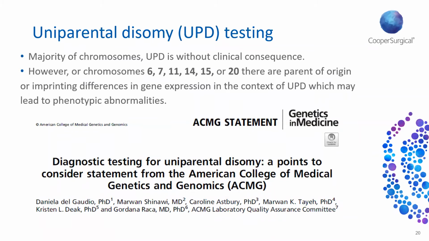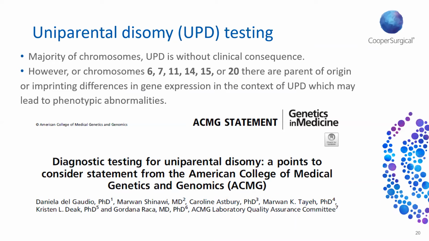UPD, uniparental disomy. Goodness, we're getting a lot of questions about this recently. What I would love to reassure everyone of is that for a majority of chromosomes, uniparental disomy is without clinical consequence.